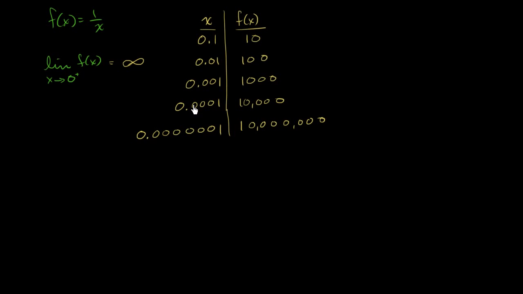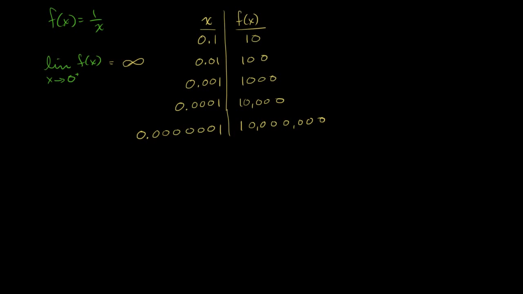Did I do that right? Here I had 4 places behind the decimal, 4 zeros. Here I have 7 places, and here I have 7 zeros. So you see, as we get closer and closer to 0 from the positive direction, f of x just gets larger and larger and larger. It's completely unbounded. So we'd say this is equal to infinity.